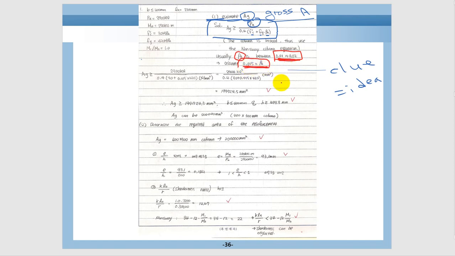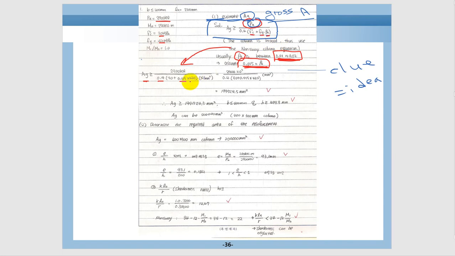So all we need to do is to substitute all this information into the equation which is given for AG. So PU is given in the problem conditions, and 0.4, and FC was given 30, and FY is given 420, and rho T was assumed to be 0.015.